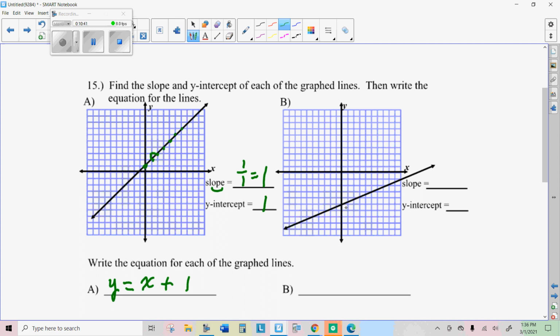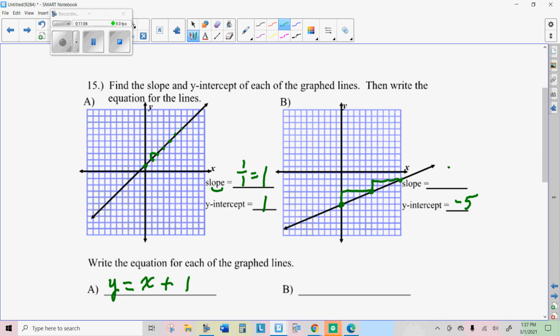Let's do one more together, and then I'll let you try a couple. So the y-intercept is down 5 from the origin, so that'd be -5. The slope, let's see, where's another place where it looks like for sure it's crossing? I'm going to guess right there. And so we go up 2 over 5, it looks like, between them.